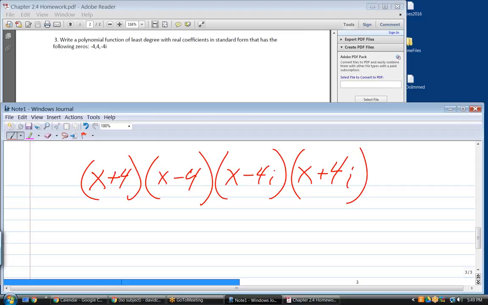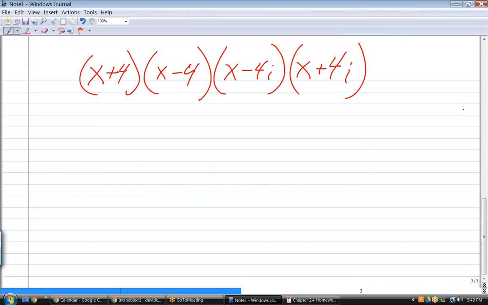If I multiply those 4 things together, I will have a polynomial function with real coefficients. Which 2 am I going to multiply together first?